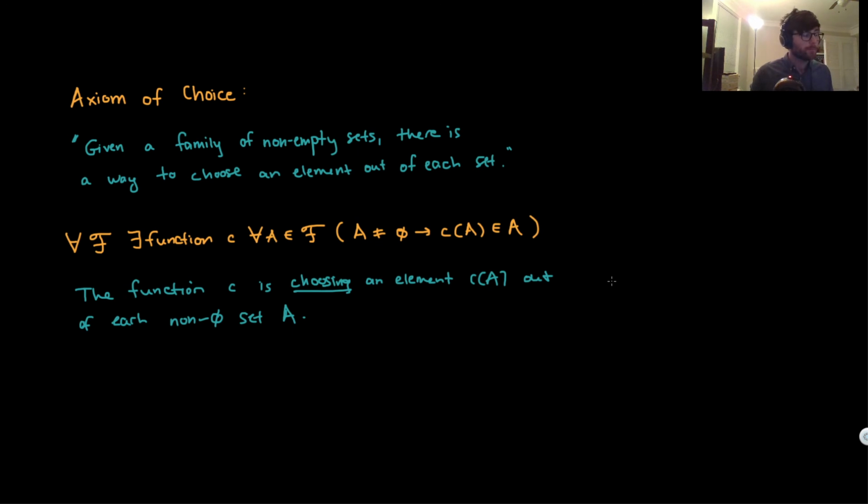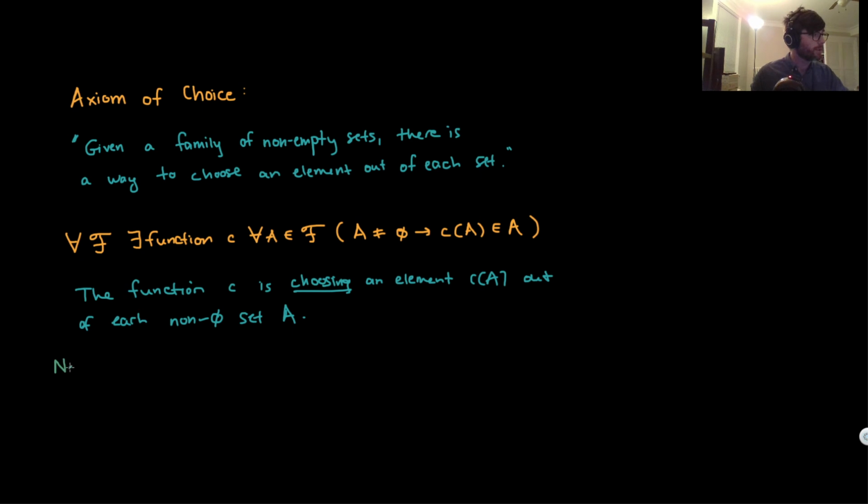What else to say? The axiom of choice is primarily going to be used when our big curly F is an infinite family of sets. And we can make this a little bit more precise.